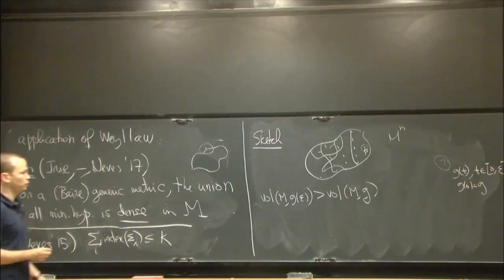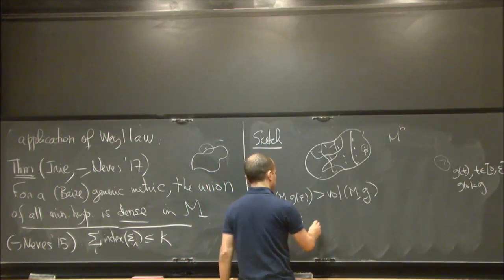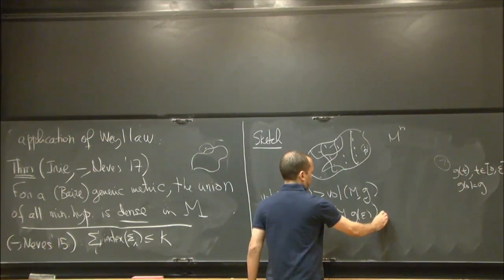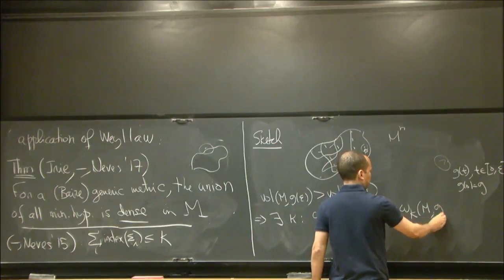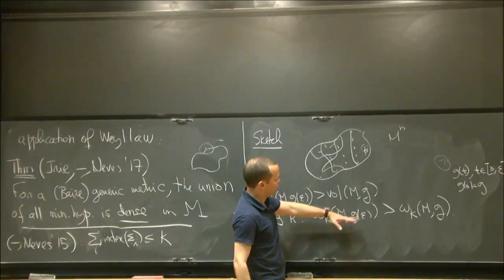So there exists some k such that omega k is strictly bigger than omega k of the original metric. But this is an invariant which varies continuously with the metric.